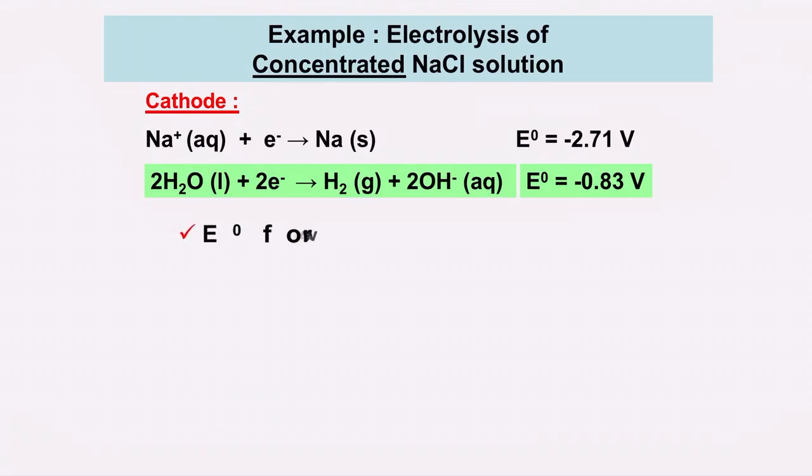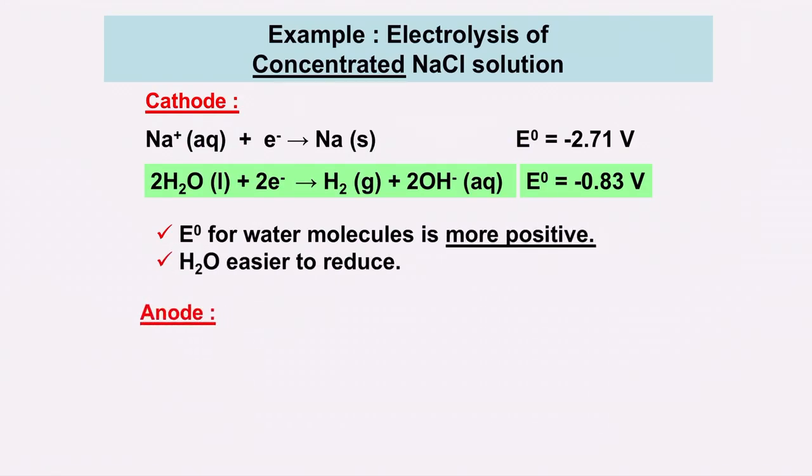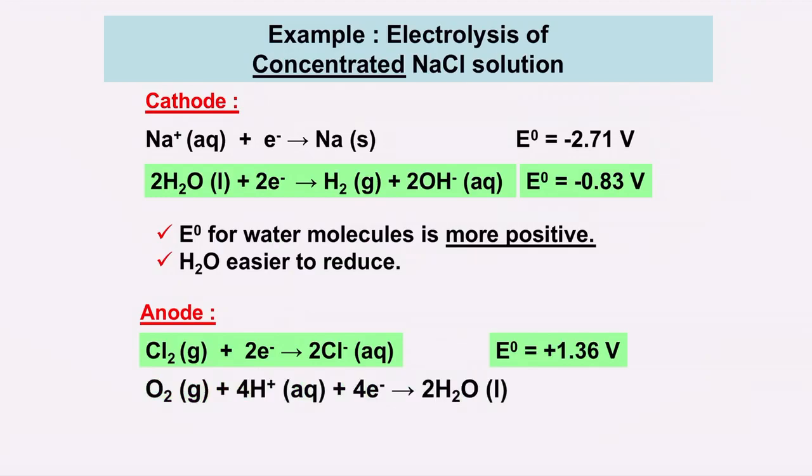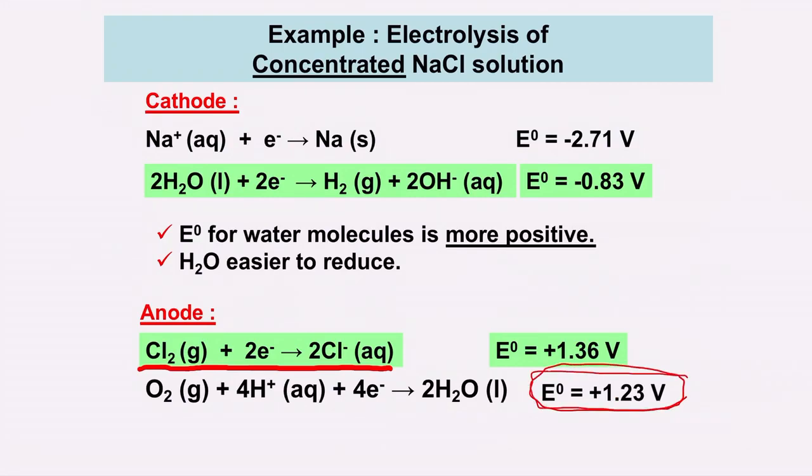But for anions, between Cl2 and water, when this is a concentrated aqueous solution, you will oxidize your anion, your negative charge, not your water, even though your water has a more negative or smaller E0 value. So concentration is a special case for your anion.